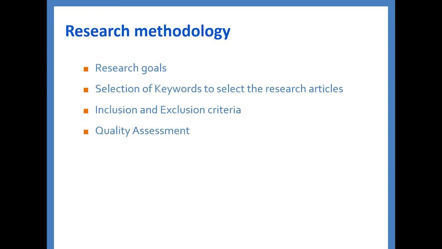Then we have selected the keywords for primary search process, and then we have to refine the research articles based on the title and abstract. Then the inclusion and exclusion principles which must be tabulated in the next slides. Then the quality assessment which is used to determine the quality of the research articles which are included in this systematic literature review.